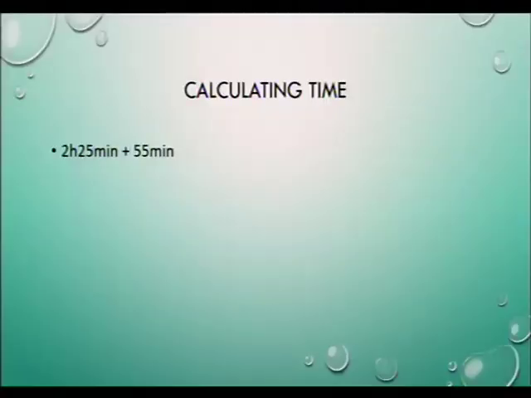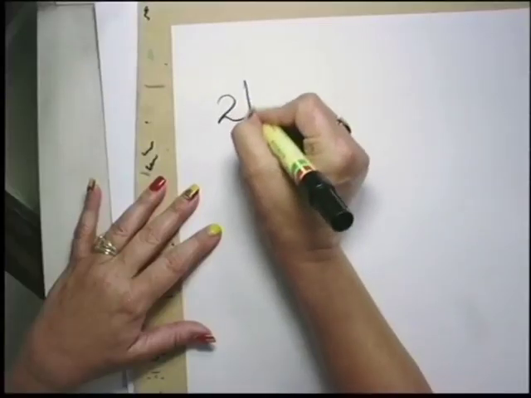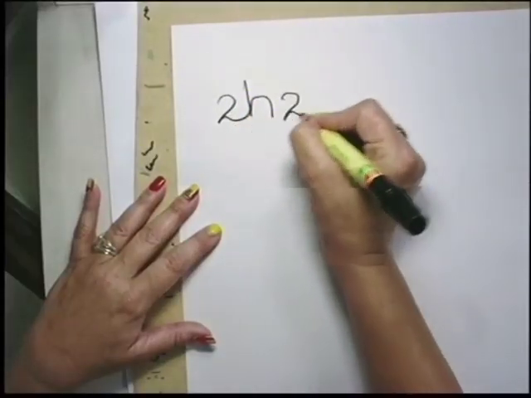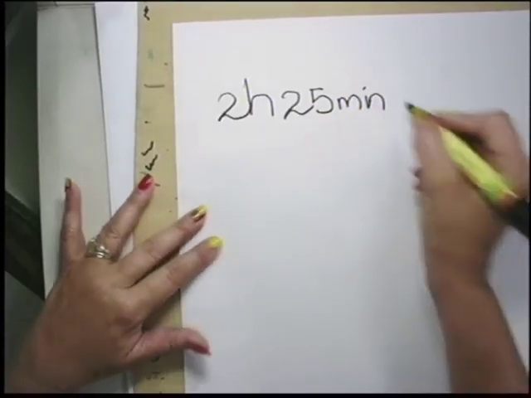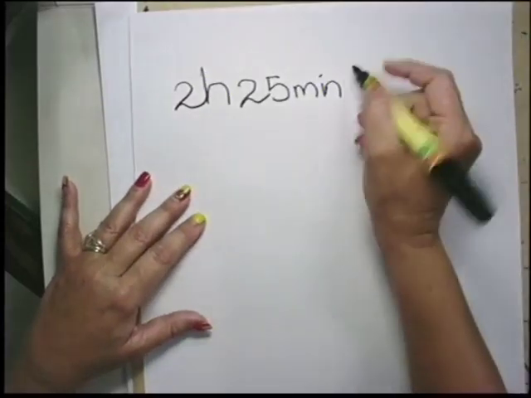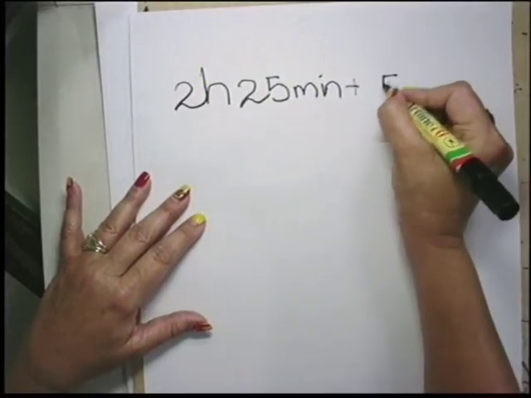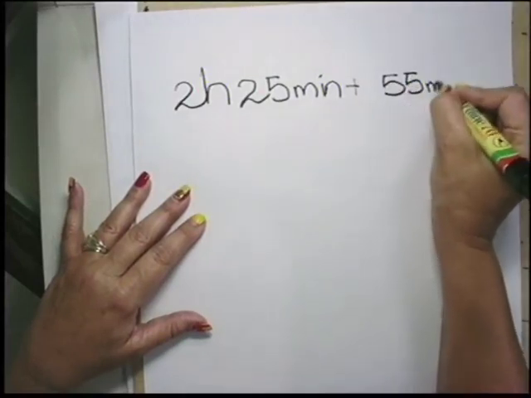Calculating time. How do I calculate time? I have here 2 hours, 25 minutes plus 55 minutes.